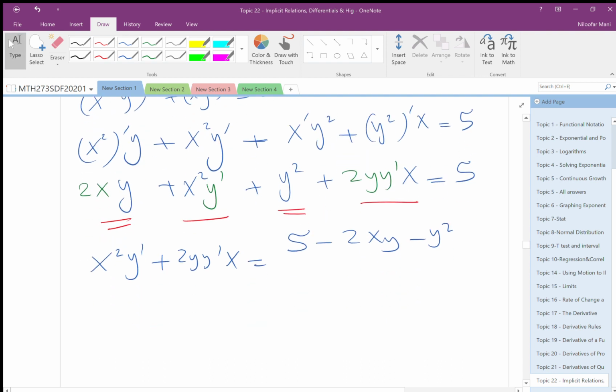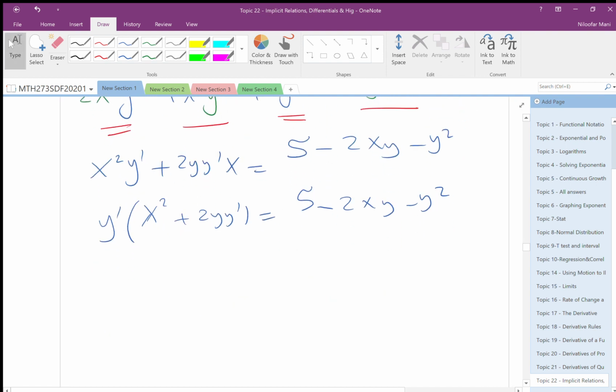Okay, so it is y prime equal, I can factor y prime, so I have to have y prime one side, and then I have to factor y prime. This is why I do everything one side, because I want to isolate. So it's x squared plus 2x times y prime equal 5 minus 2xy minus y squared.